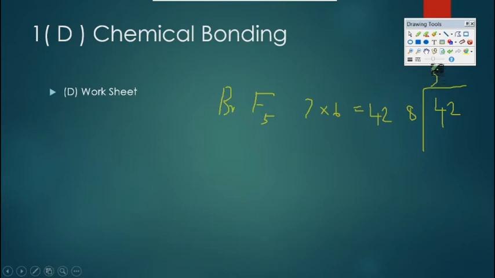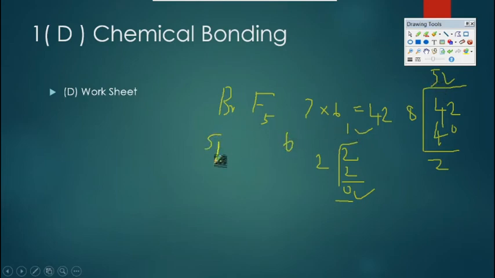The quotient is 5, 40. We have a remainder 2. That remainder should be divided by 2. Quotient 1, no more remainder. Therefore, adding this quotient and this quotient, 5 plus 1, 6. So we have 6 hybrid orbitals, sp3d2.